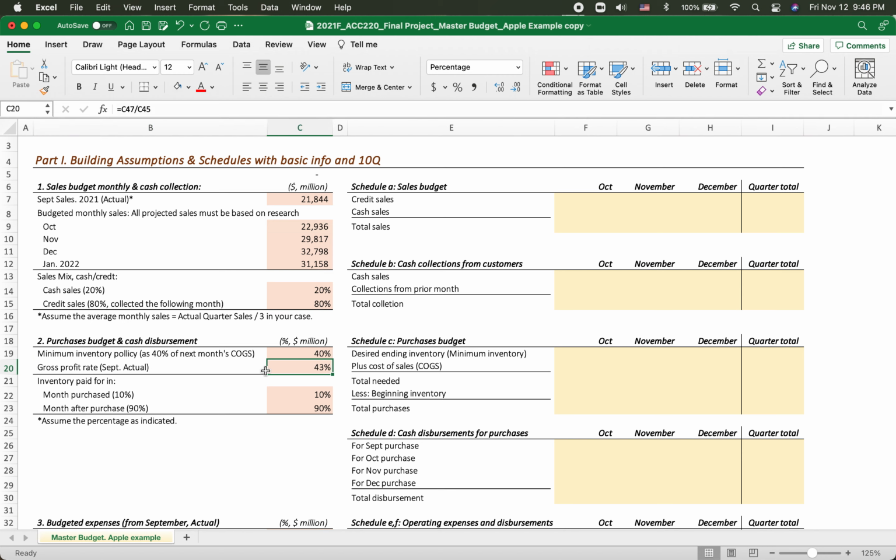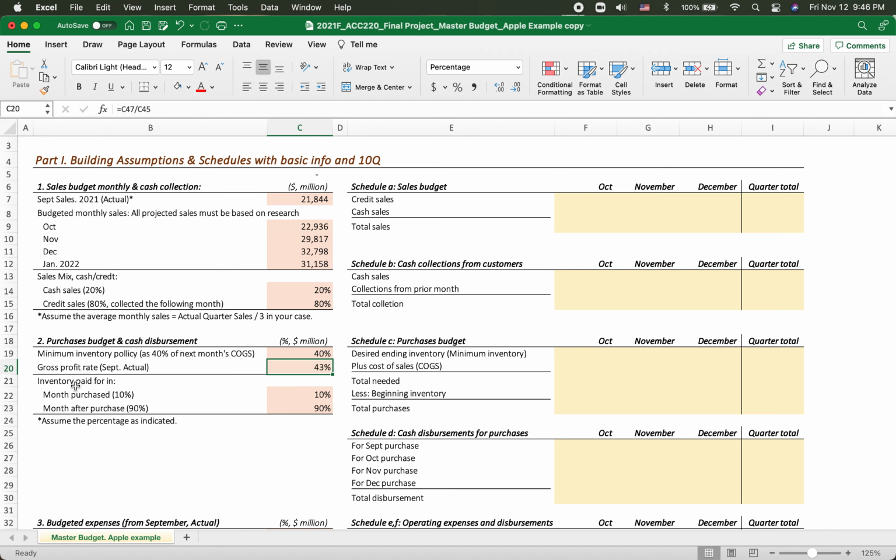And then, this is important: the gross profit rate is important in that you will be able to calculate cost of goods sold from it, because 100% is the sales, and 100% minus 43% is going to be the cost of goods sold, right?